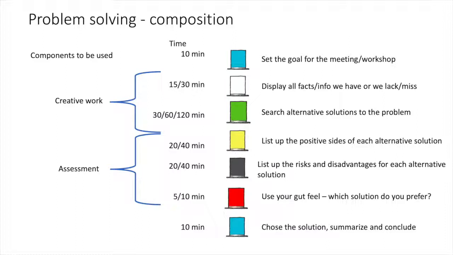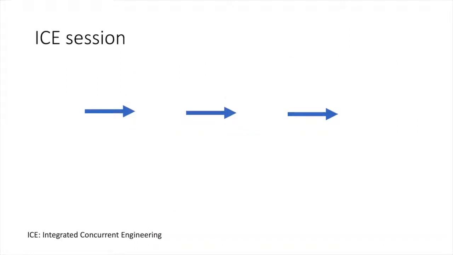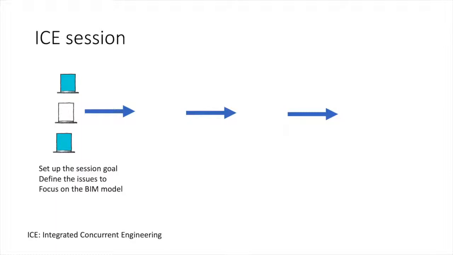The components that are used here are the creative work session and the assessment session. Another interesting example is given by ICE sessions, Integrated Concurrent Engineering sessions. Here we find 4 steps in which we use several building blocks.